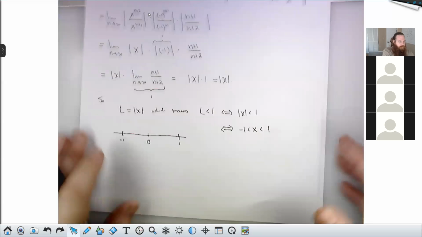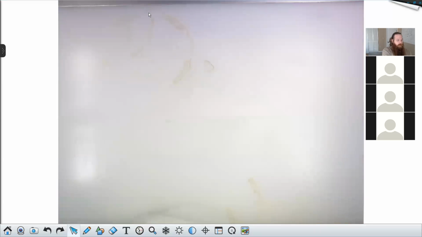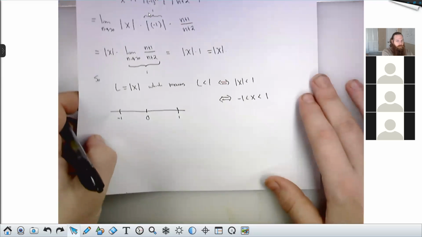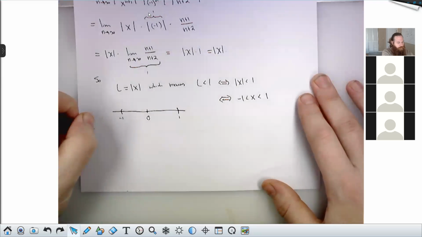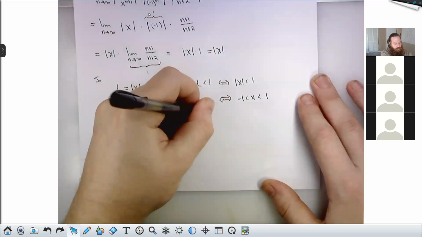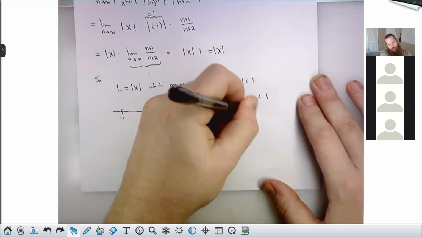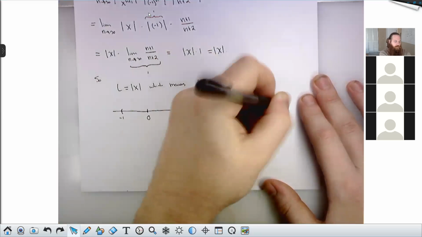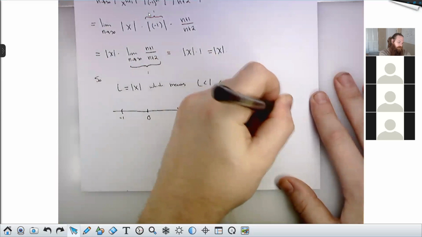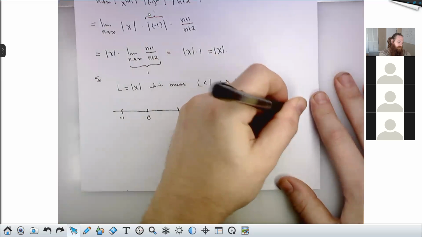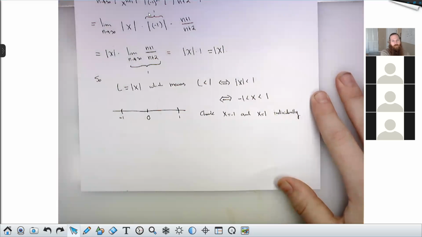And this is the way most of these problems go. After you get this, now you need to check the endpoints. So we need to go back and individually check those two endpoints.